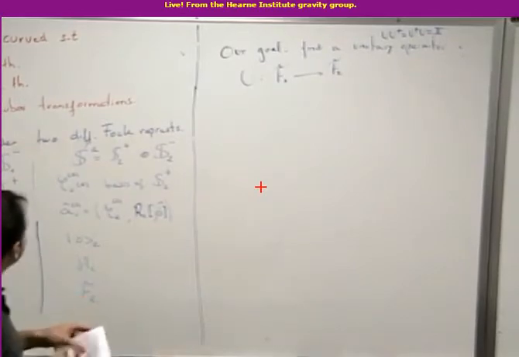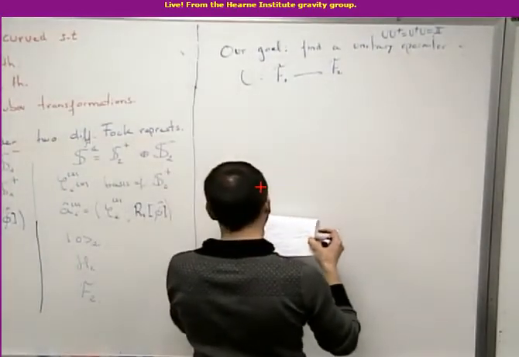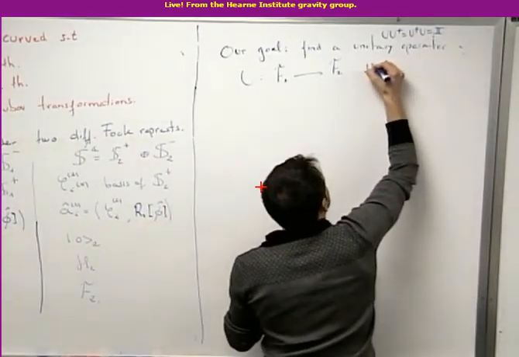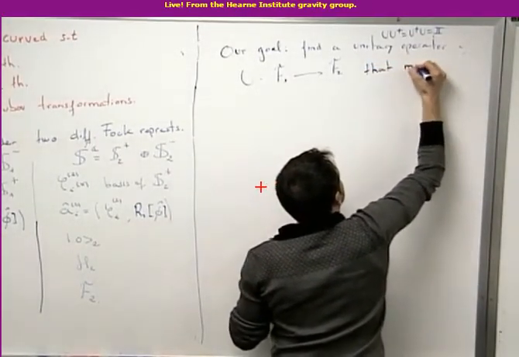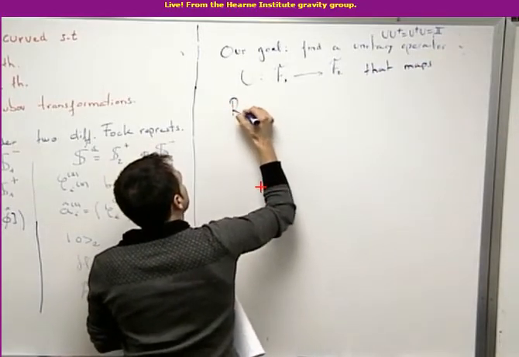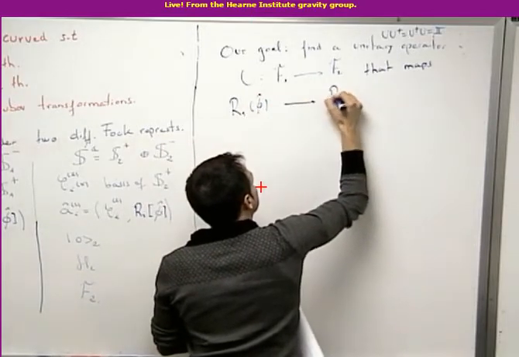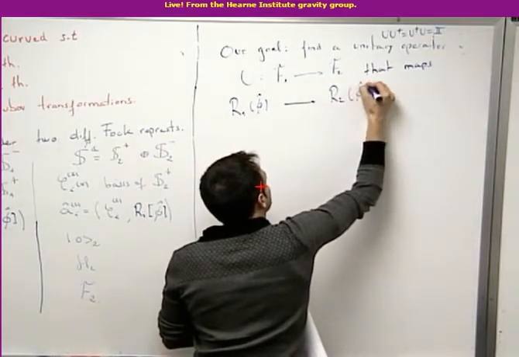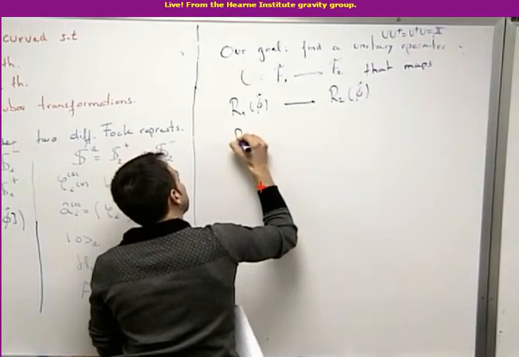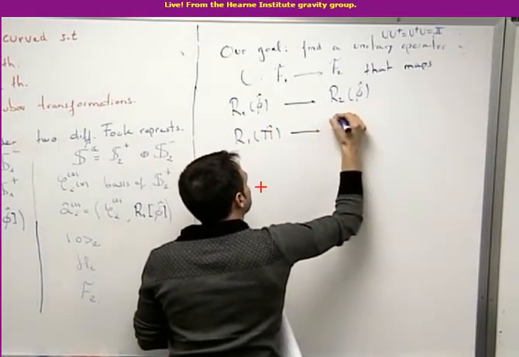So we look for a unitary operator between these two Fock spaces such that it maps this guy to this guy, and the same for the momentum.